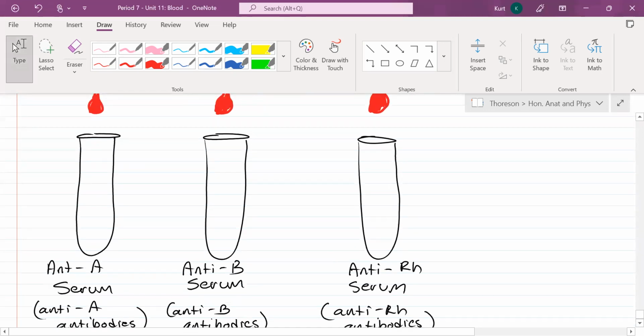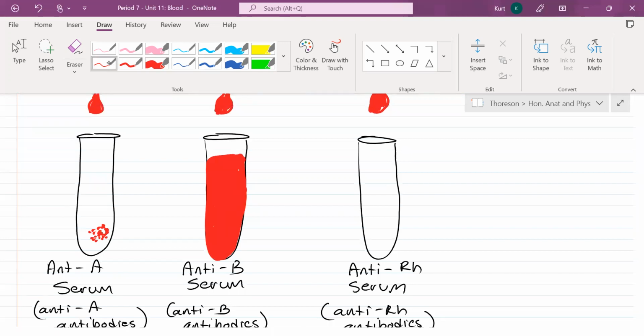So they drop Eva's blood into anti-A serum, and it does this. They drop Eva's blood into the anti-B serum, and it does this. It fills out the whole thing like food coloring. And they drop her blood into the anti-RH, and it does this.